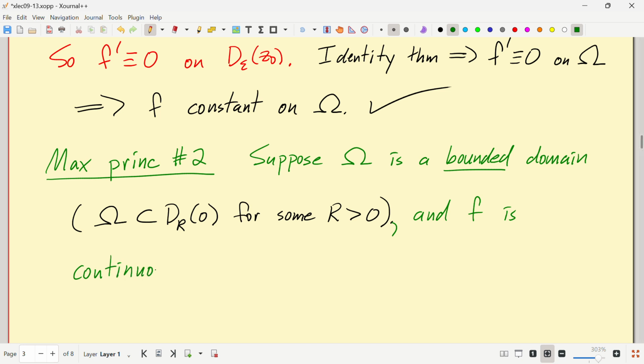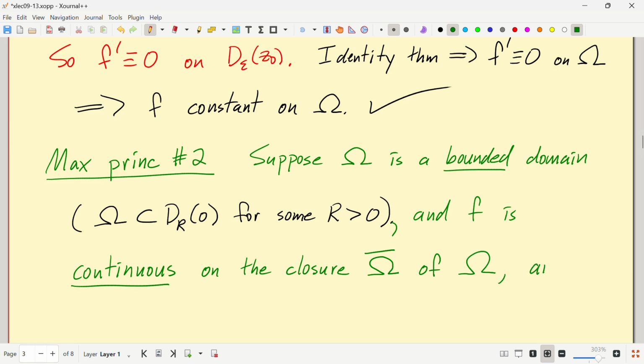So it's got to be continuous on the closure of omega, and I'm going to write the closure like all topologists do, as omega closure. That's not the set of conjugates of points in omega. That's the closure. And f is analytic inside.